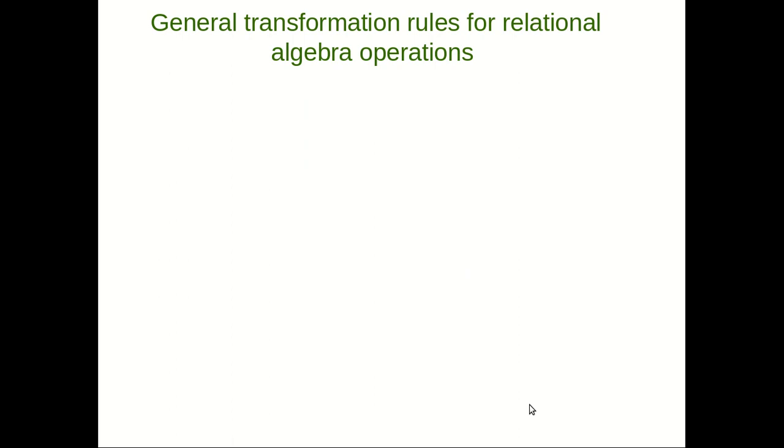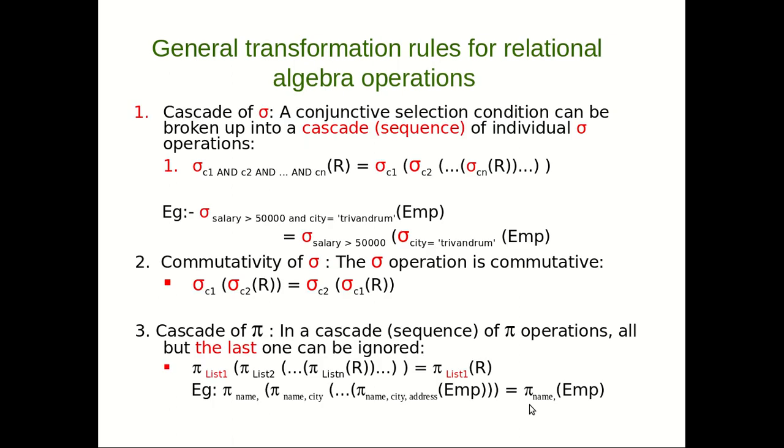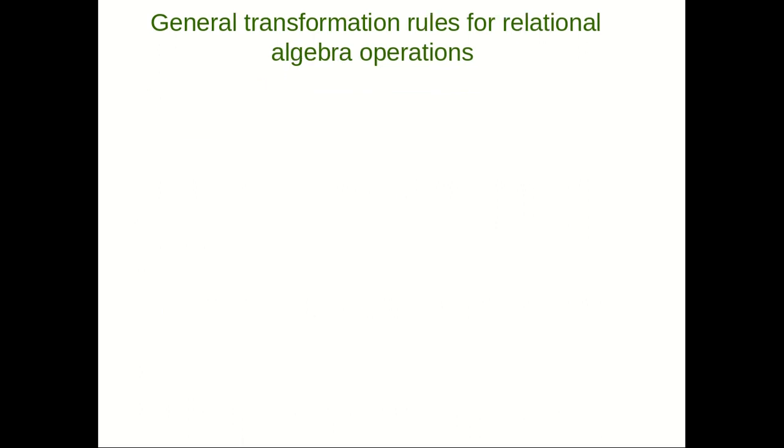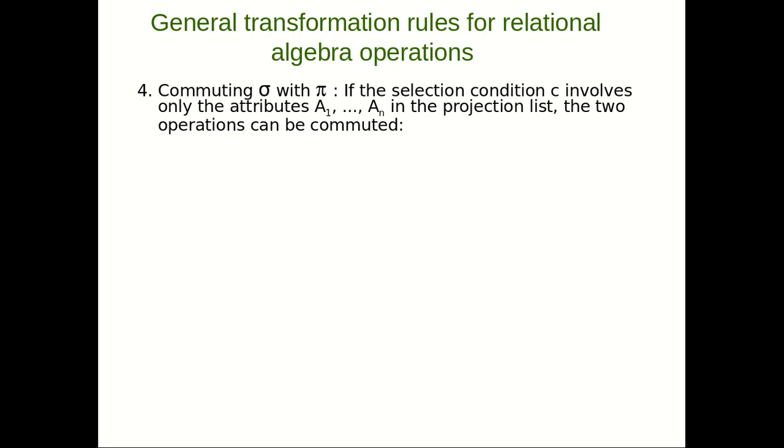Three rules we have seen: cascade of sigma or cascade of select, commutativity of select, and cascade of project. Next, commuting sigma with pi, or select with project. Here the question is whether a sigma followed by a pi can be written as a pi followed by a sigma, or a select followed by a project can be written as a project followed by a select. This is possible only if the select condition involves only attributes a1, a2, an in the project list.